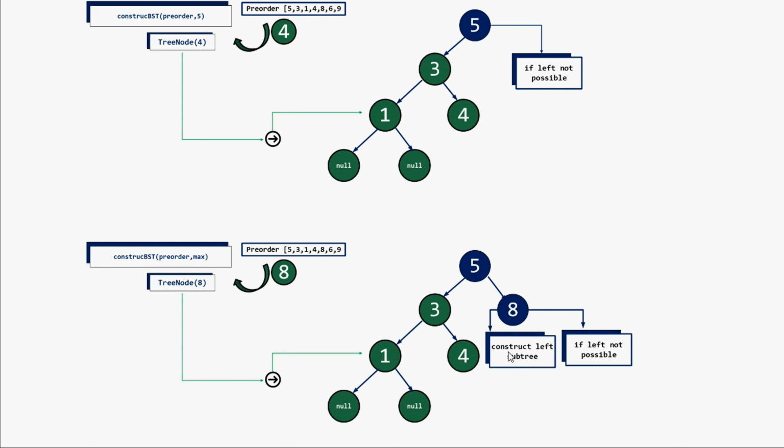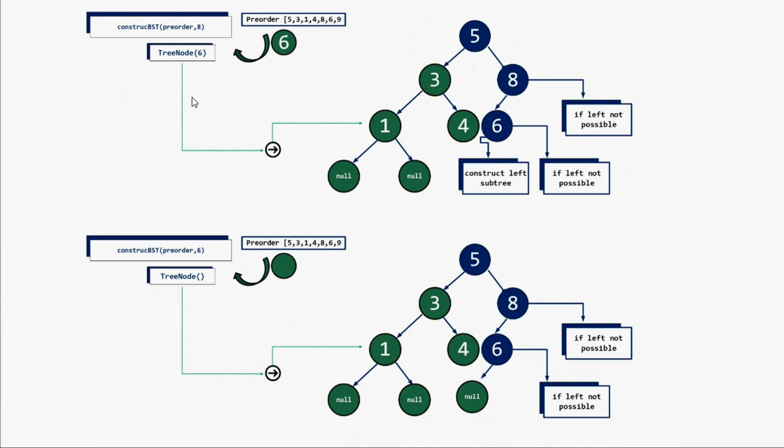Now we will focus on creating the left subtree of 8. We will construct binary search tree with the next element 6 from preorder array and the boundary is 8. Since 6 is lesser than 8, it qualifies to be in the left subtree of node 8, so we will create a node with value 6 and set it as a left child of node 8.